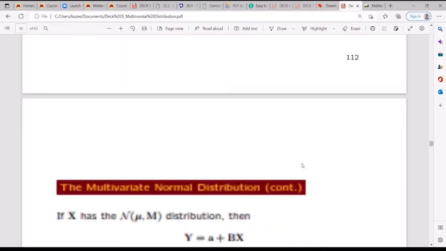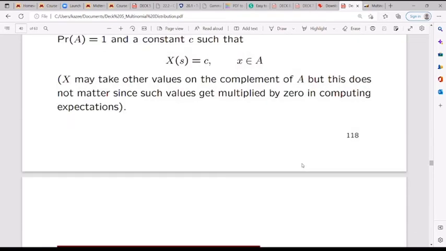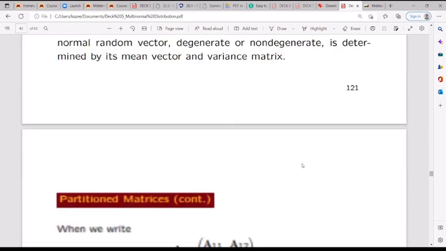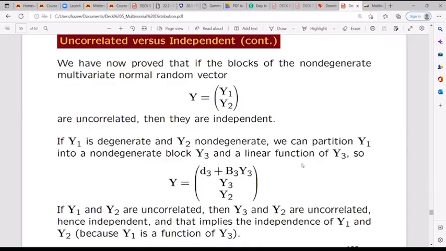I think everything else here is what we've done before. You can just get yourself familiar with that.